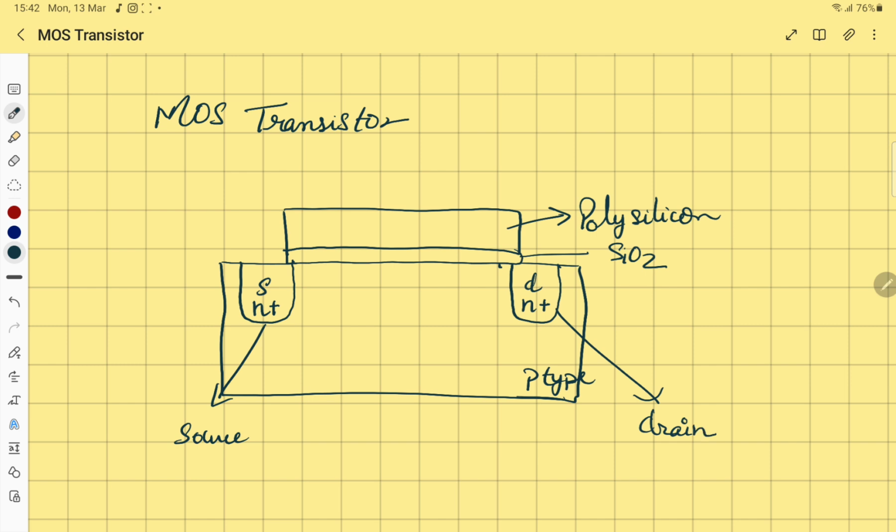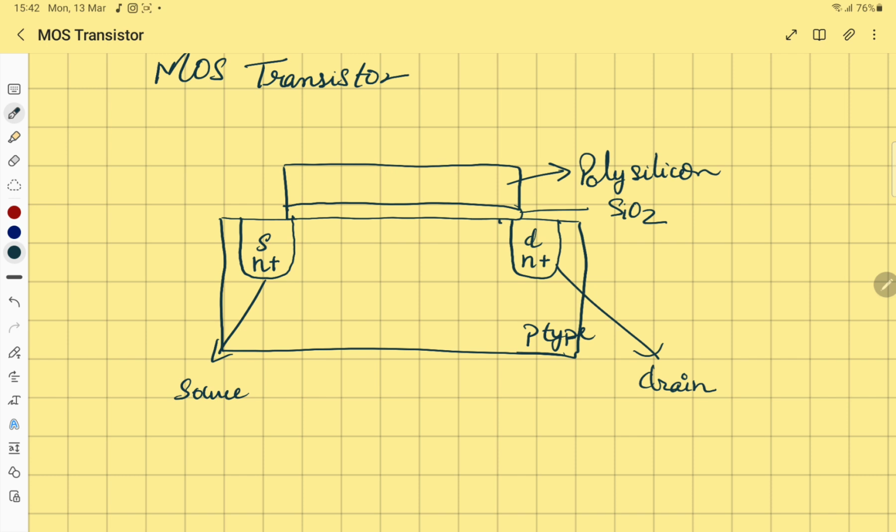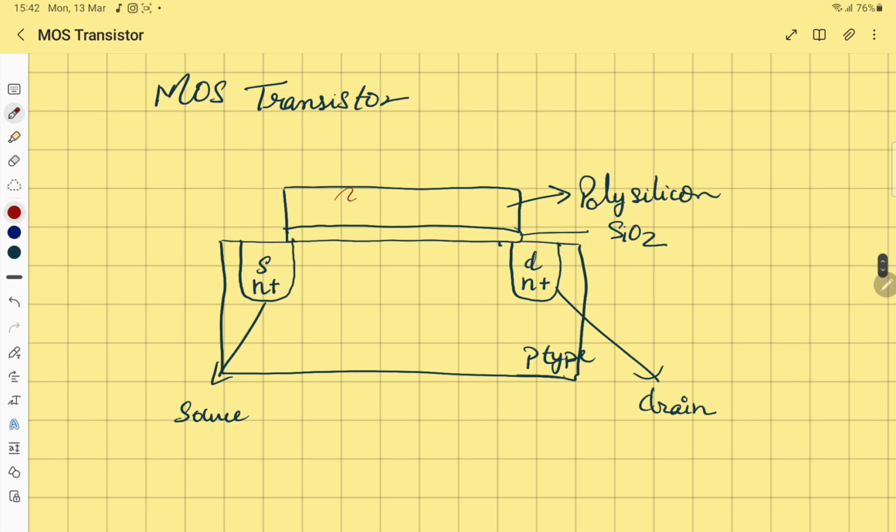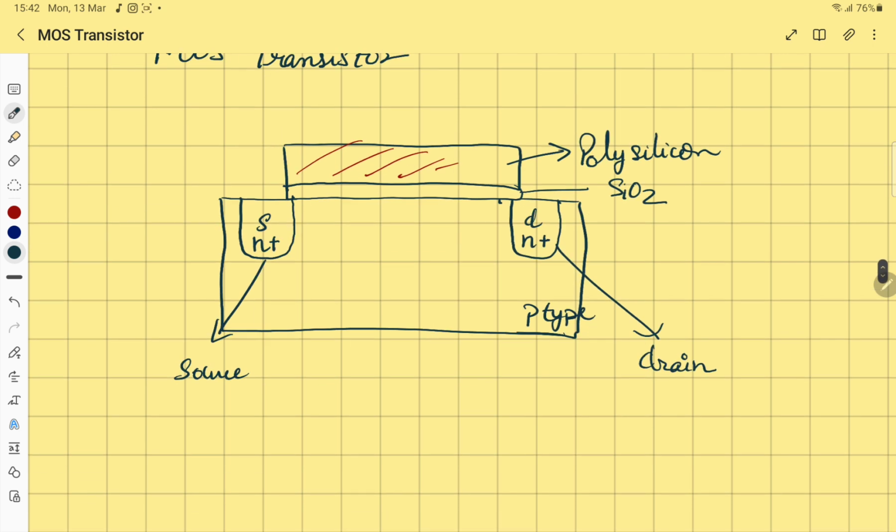Now, let's say we apply this body, we call it body, right? So this body is always kept at ground. Let's say we are keeping it ground for the time being at least. Now this is the gate.